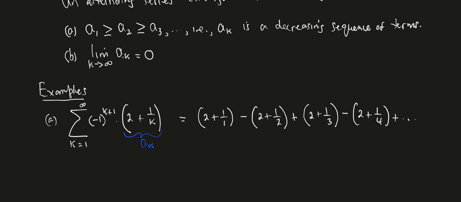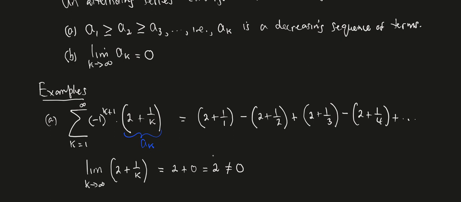I could just say the limit as k goes to infinity of 2 plus 1 over k is not indeterminate. We know that 1 over k approaches 0, so that limit is equal to 2 plus 0, which is equal to 2. Because the terms approach positive 2, and 2 is not equal to 0 last time I checked, we don't even have to check the decreasing part.